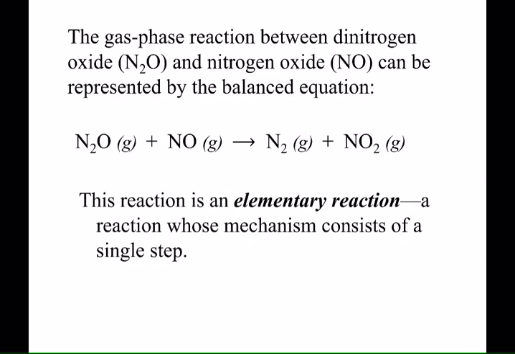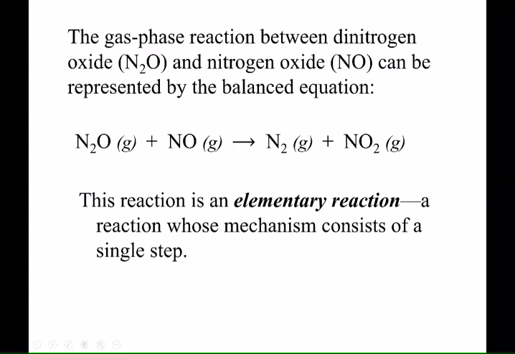Right. Now, this is where I'll just kind of do it on the slide. Since the mechanism consists of only one elementary step, we can use the molecularity to get to the overall rate law expression. So do you buy this? This is what I get.